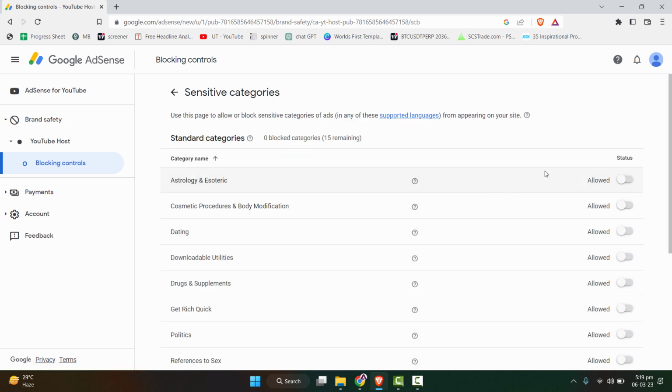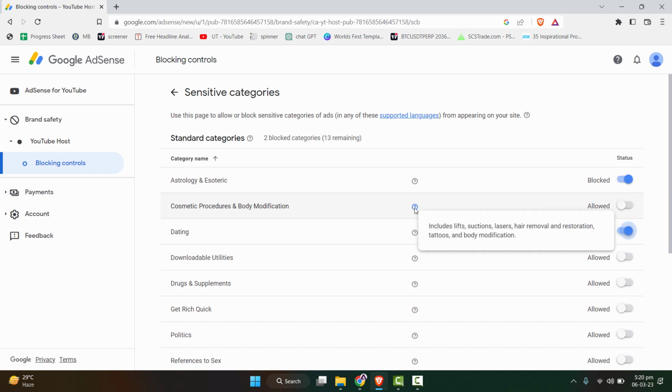And here you can see that all of them are allowed right now. So for example, whatever is prohibited in Islam, we can restrict that. For example, astrology and future telling. This is not okay, I'll block this. Dating, not okay, block. Cosmetic procedures, you can check the detail.